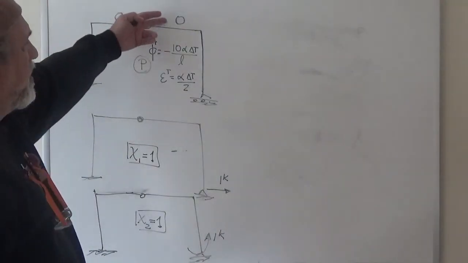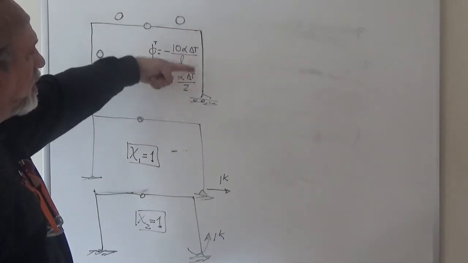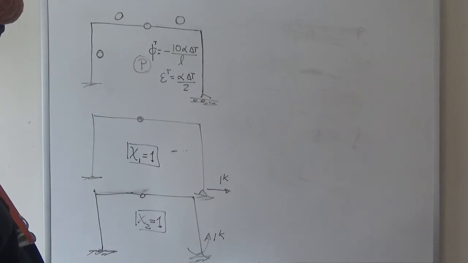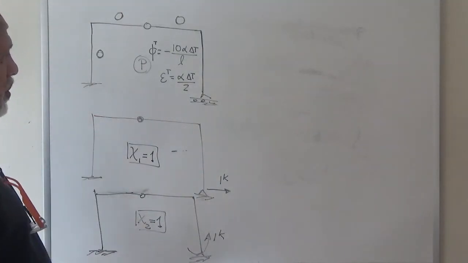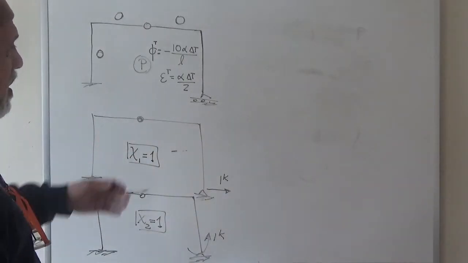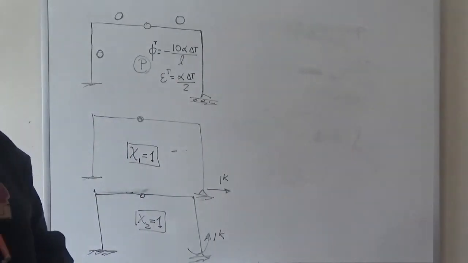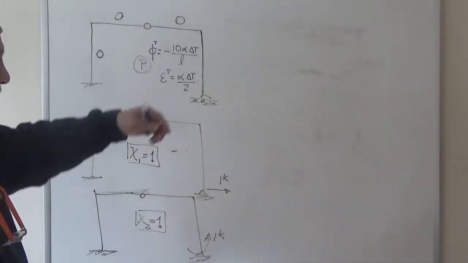Nothing, nothing, nothing, and the temperature prescribed condition on this vertical bar on the right side. What do we have to do now? We have to solve for our unit x1 equal to 1 and for our unit x2 equal to 1. So let's begin with our x1 equal to 1 here. I will do the statics, and then after this is completed, I'll transplant the results here, I'll erase.